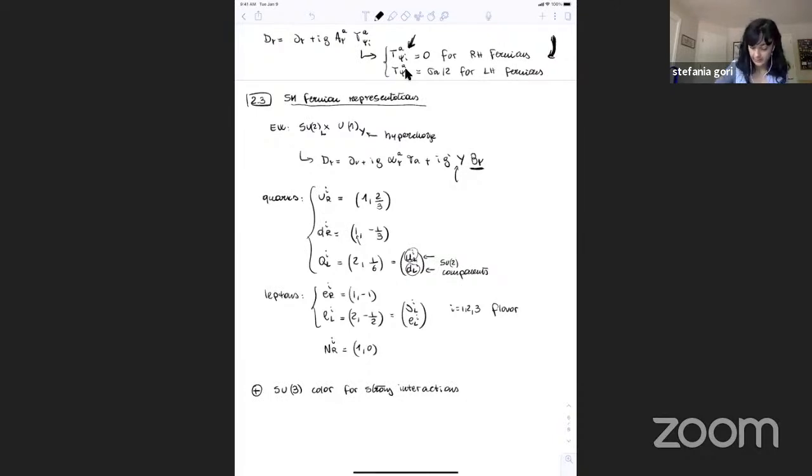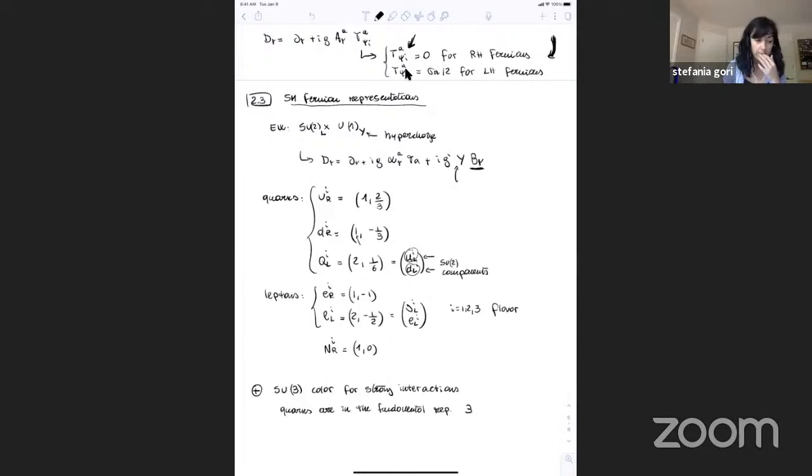And then what you learn is that the quarks are in the fundamental representation of SU(3), so these are triplets under SU(3). That's why we know that there are 3 different colors for the quarks. And during this school, you will have lectures about QCD by Cacciari, so you will learn a lot more.